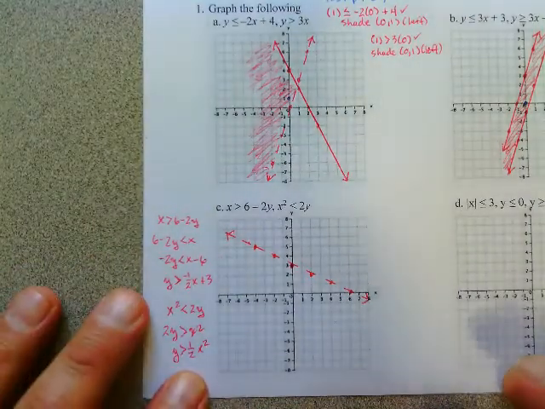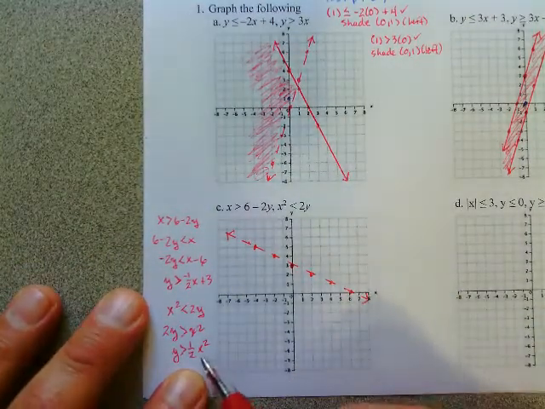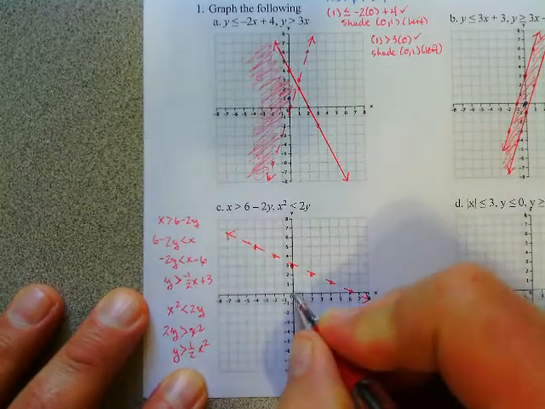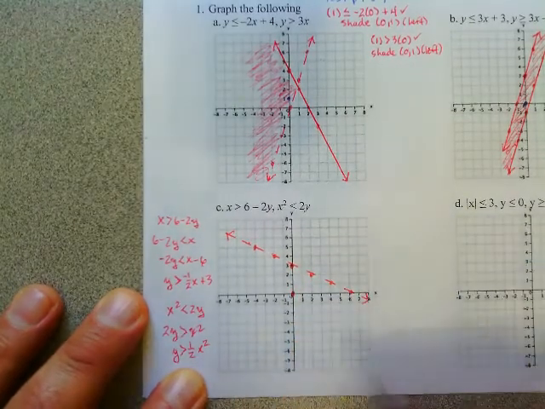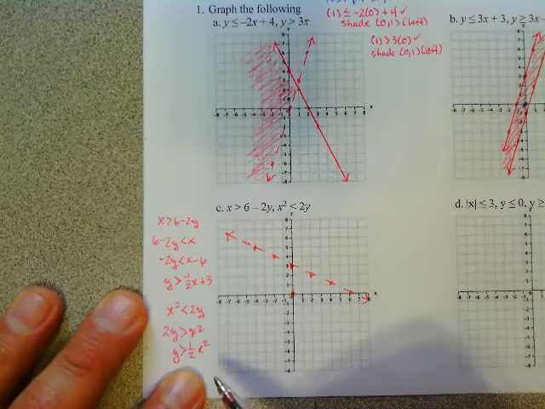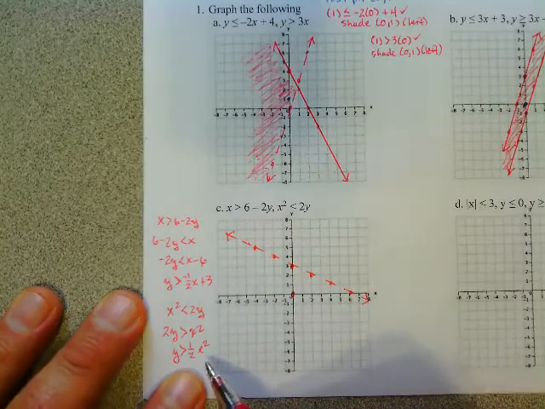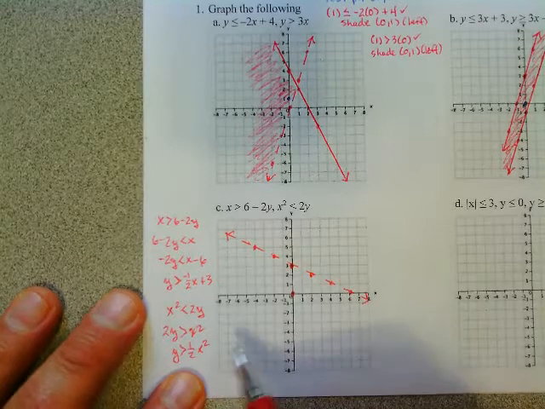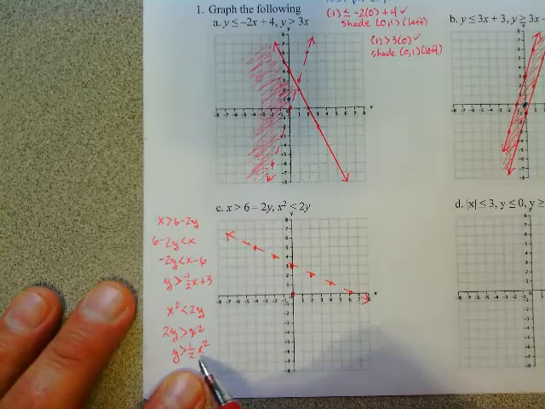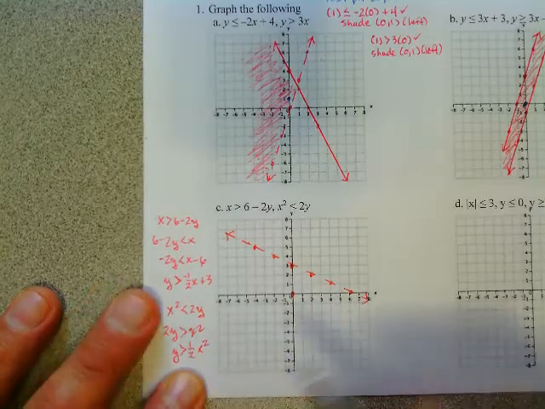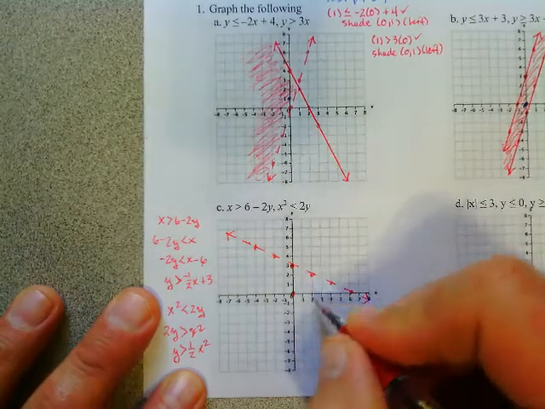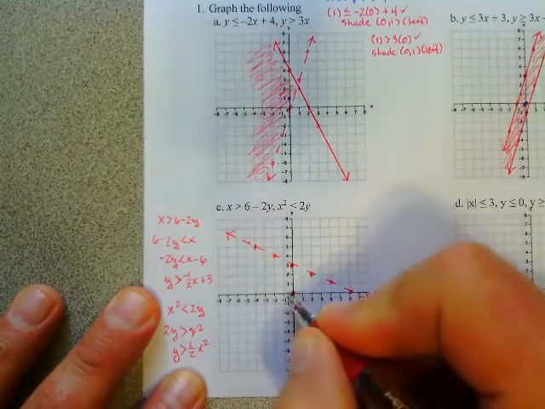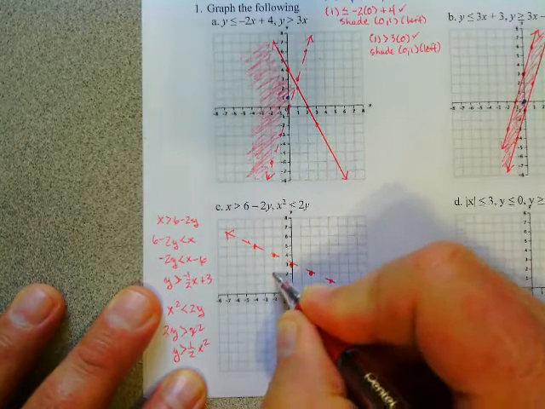Okay, for our parabola, if I have 0, of course y is 0, so it's going to go through here. Let's go ahead and do the even numbers, because 1/2 of the even numbers will still be whole numbers. So if I put in 2, 2 squared is 4, half of 4 is 2, so 2, 2 is a point, and negative 2, 2 is a point.